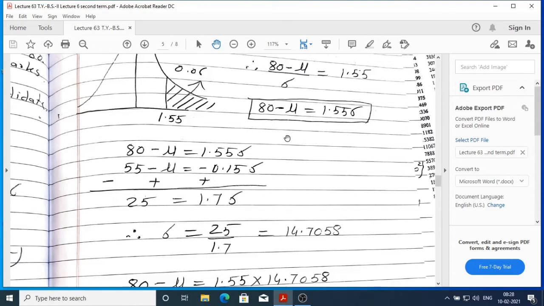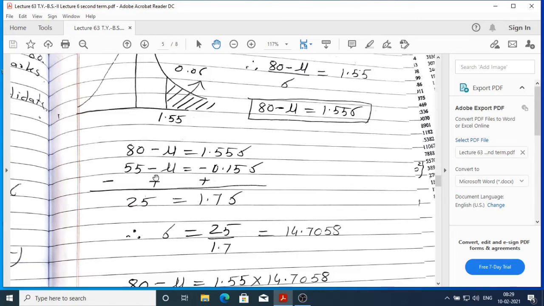Now there are two equations we can solve further: 80 minus mu is equal to 1.55 sigma and 55 minus mu is equal to minus 0.15 sigma. If you subtract the equations, you have to change the signs. So 80 minus 55 becomes 25.